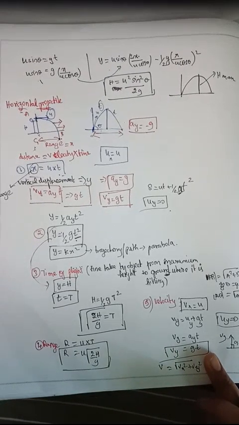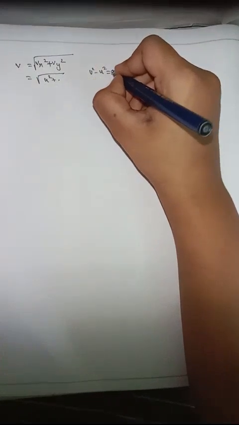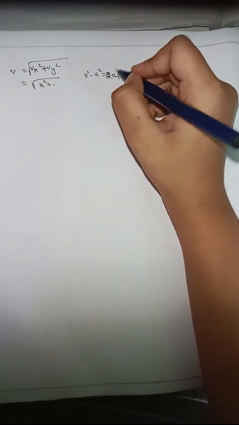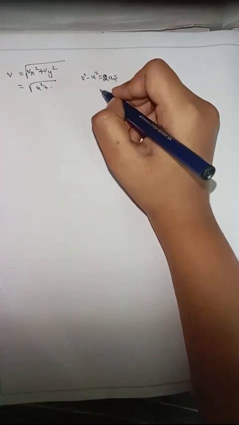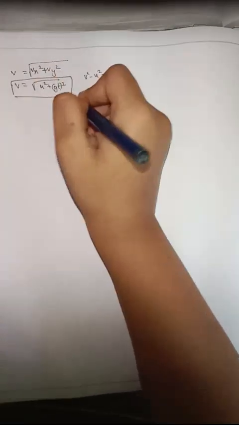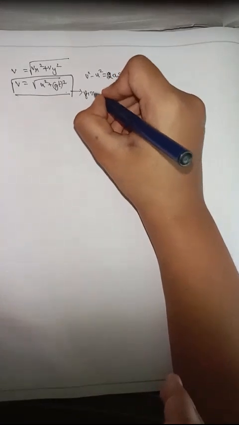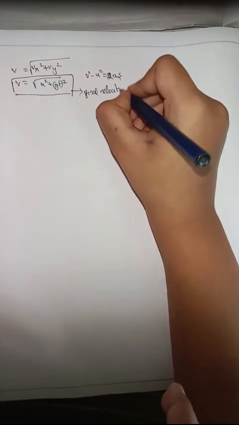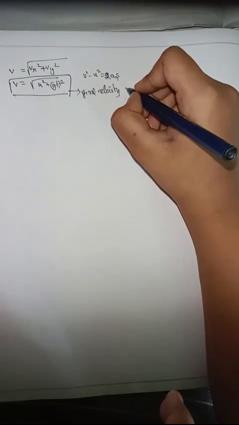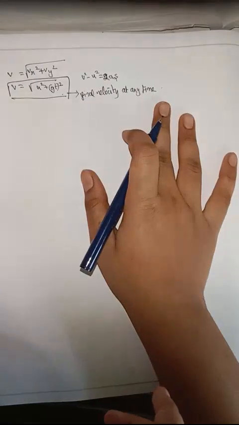We can also consider the equation v square minus u square equal to 2as, or we can simply consider gt square. If they ask for the velocity at any time, you have to consider this. This is the final velocity at any time.